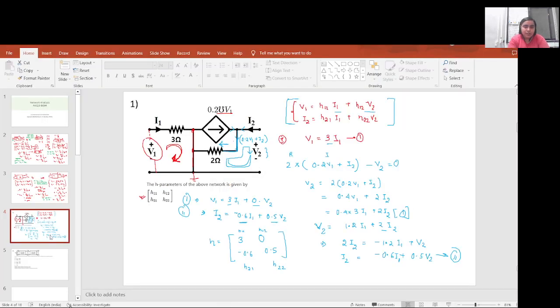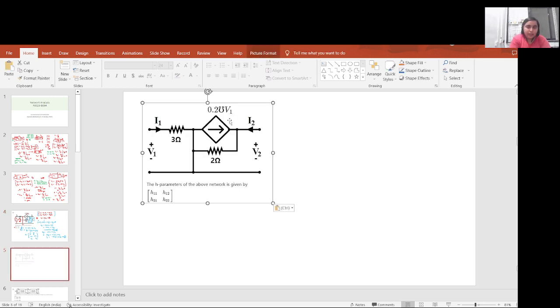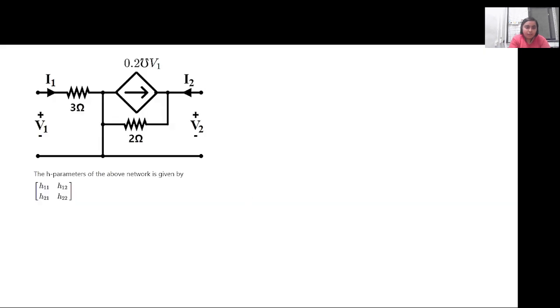Right now, since this is a small circuit, writing the equations was easy, but we can solve the same circuit another way. Let me show you. We rewrite the hybrid parameter equations: V1 equals H11 I1 plus H12 V2, and I2 equals H21 I1 plus H22 V2.